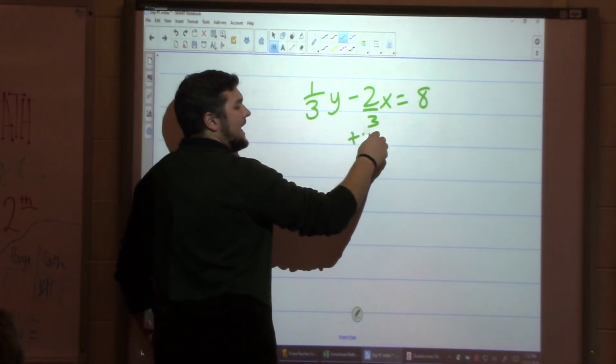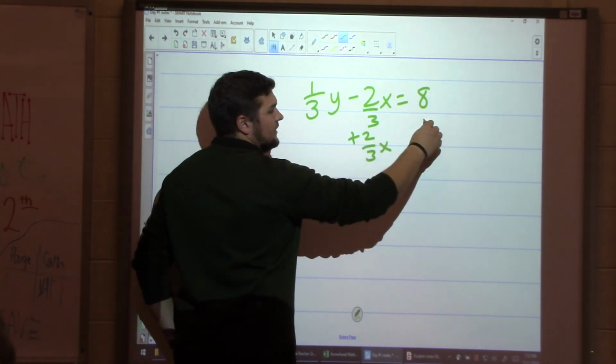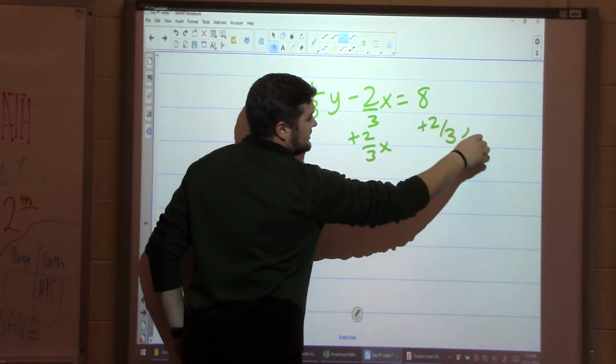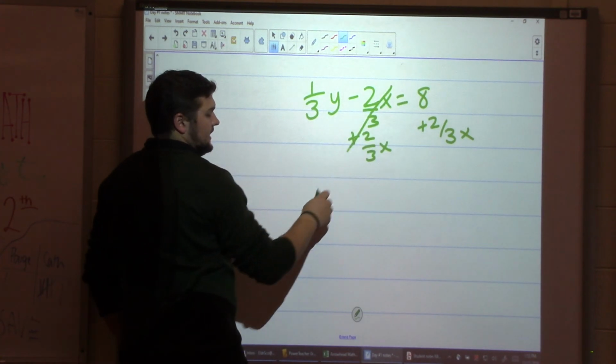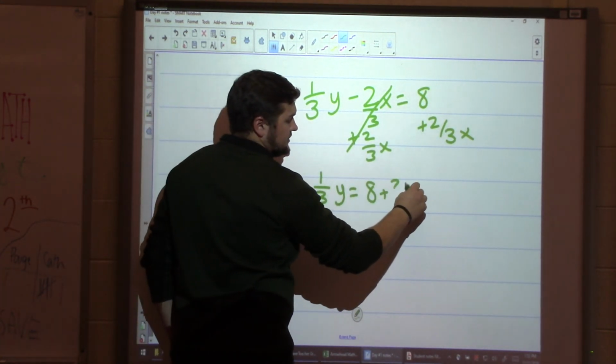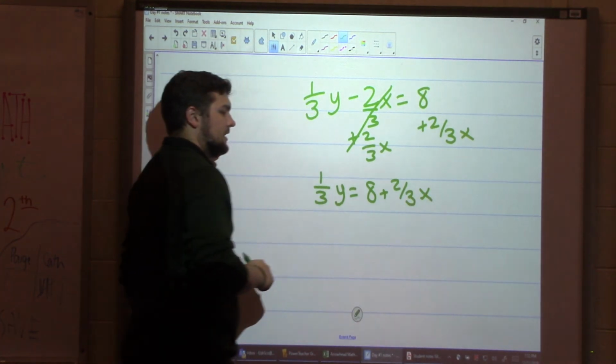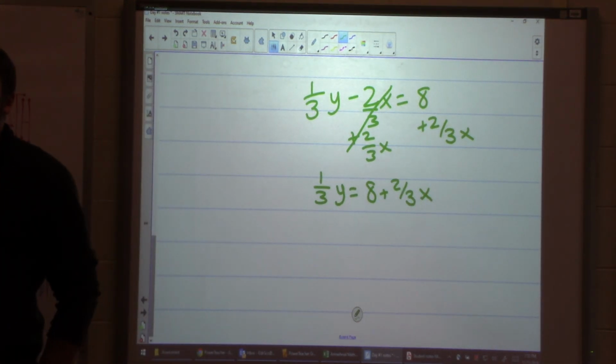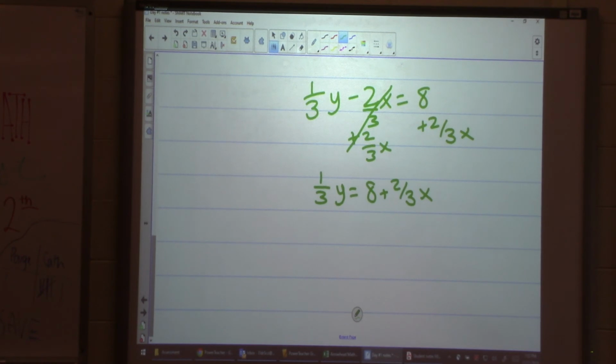I'm going to add 2/3 x to both sides. I get 1/3 y equals 8 plus 2/3 x. Then we could multiply by 3 to get y by itself.